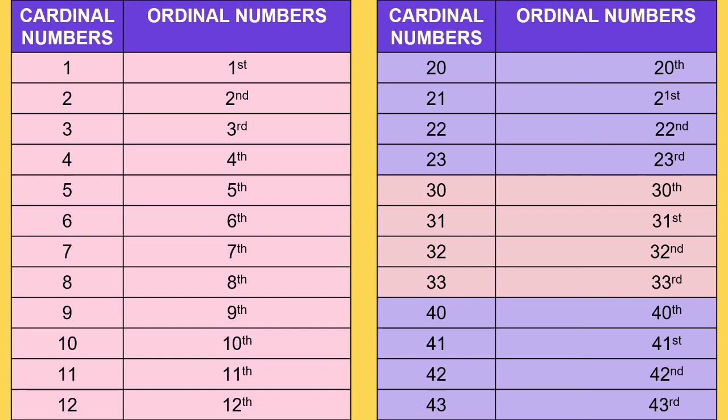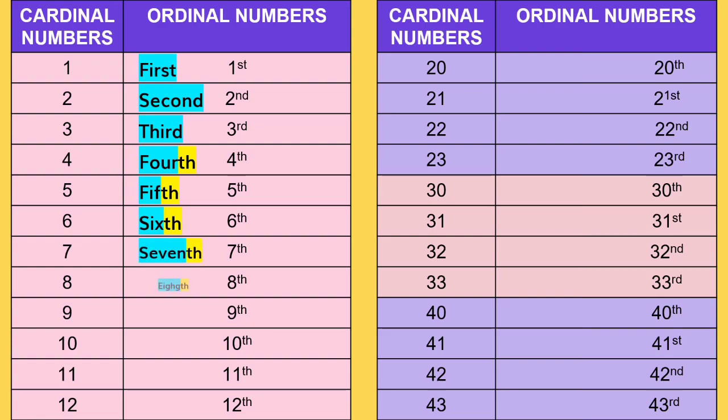And ordinal numbers, first, second, third, fourth, fifth, sixth, seventh, eighth, ninth, 10th, 11th, 12th, 20th. So how about 21?